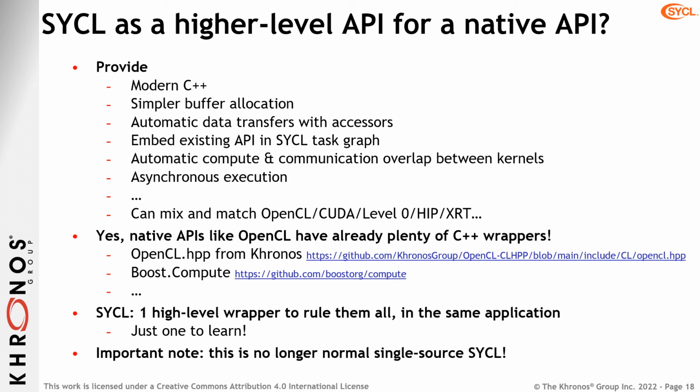What is also interesting is that you will be able to mix and match, in the same program, code from the various native APIs. Obviously, there are already plenty of C++ wrappers targeting these native APIs, such as OpenCL, but with SYCL, you could have just one high-level wrapper to rule them all in the same application. And then you will just have one to learn.